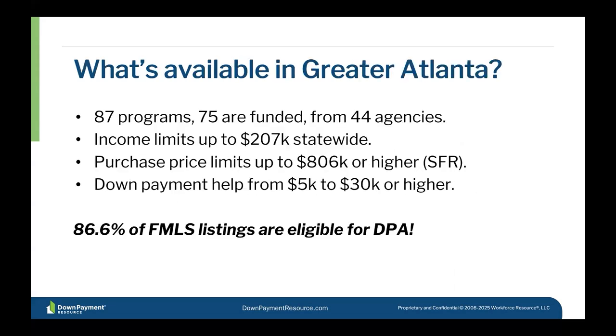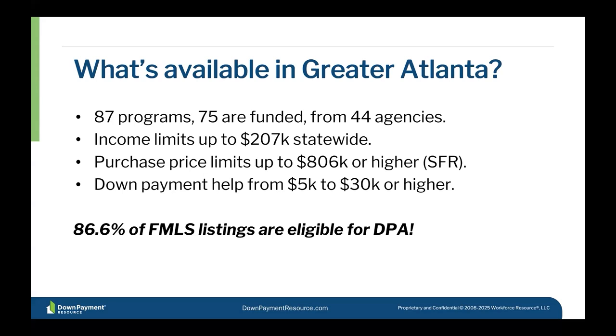So now let's take a quick look at what's available in your market in Greater Atlanta. These stats were just pulled yesterday and today. There are 87 total programs. Of those programs, 75 are funded, and they come from a total of 44 different agencies. We have income limits up to $207,000 across the state.